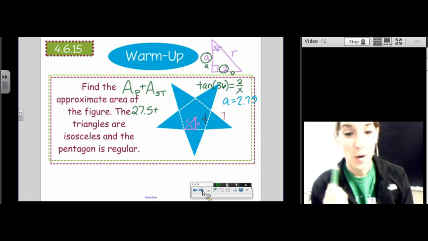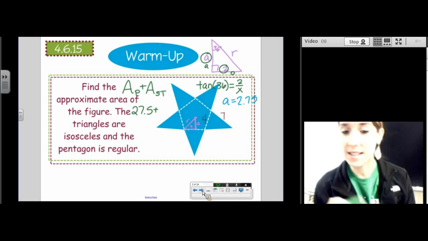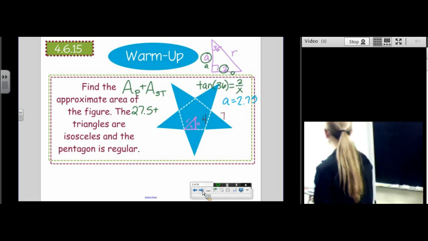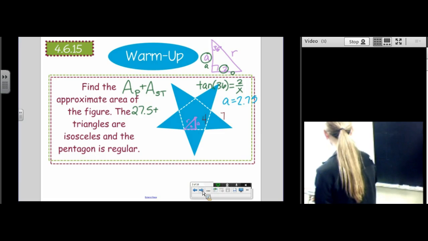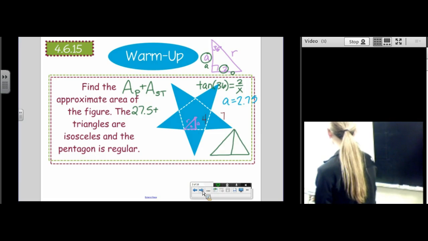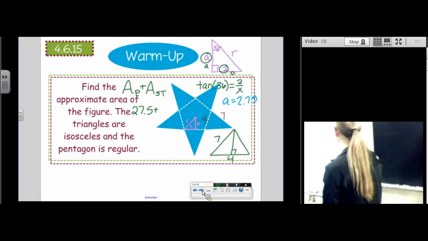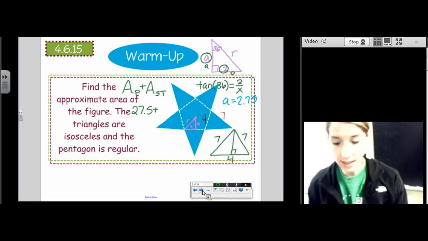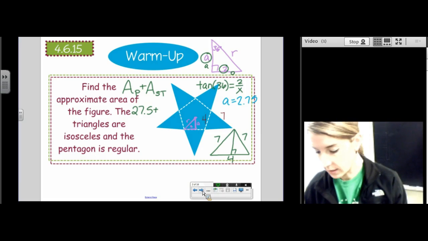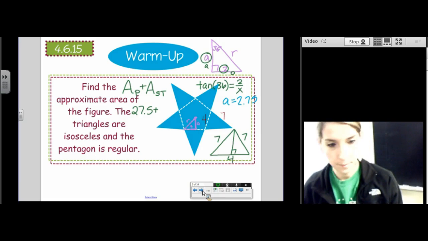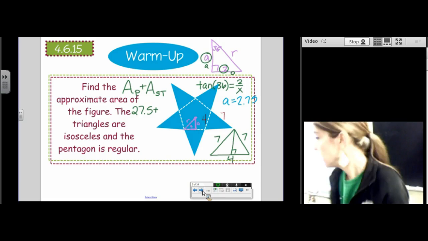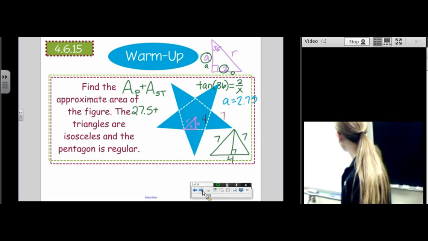Now, we have 4 and we have 7, but that's not the base and the height, unfortunately. The base is 4. The sides are 7. So we need to find our height. So we're going to do 7 squared minus 2 squared. So the height is the square root of 45.